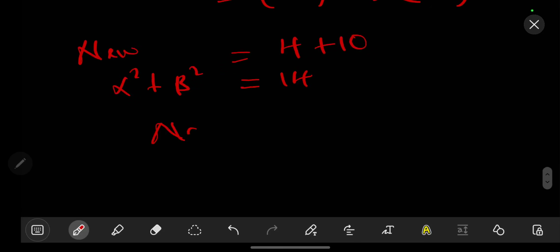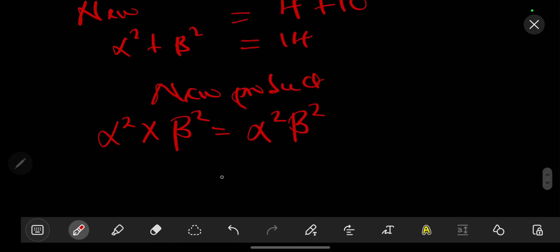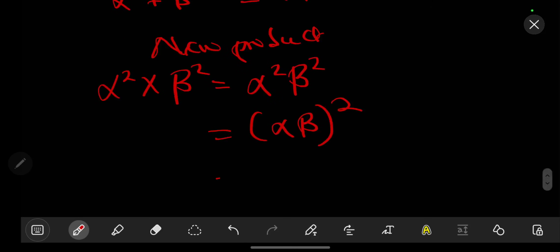Then the new product is, you get your roots and multiply them. We are going to get alpha squared times beta squared, which is the same as, since power 2 is common, we can write alpha beta and then a squared outside. So this will give us alpha beta squared.